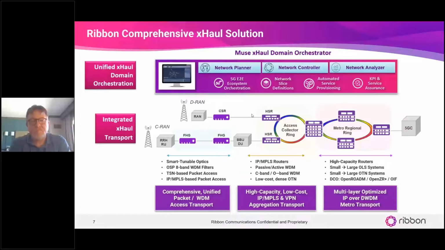And so the synchronization is also carried over your network in timing distribution, and having Class C timing accuracy, which is defined by various IEEE and other bodies that define capabilities of timing synchronization using PTP. Ribbon's portfolio for xHaul all supports Class C timing accuracy for the proper synchronization of radio elements with the hub site components.